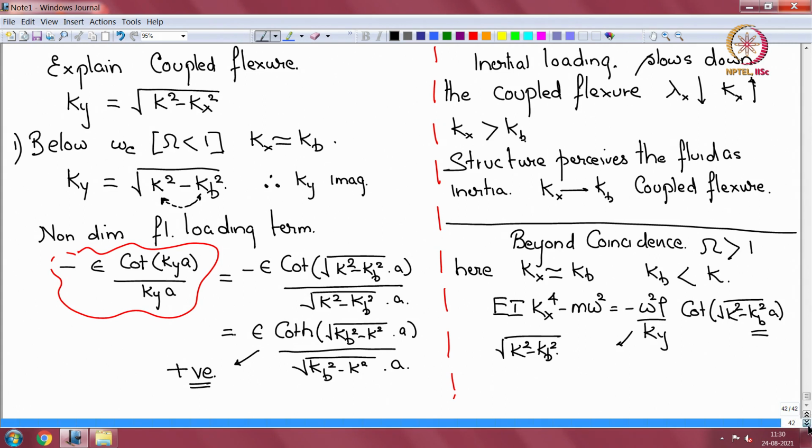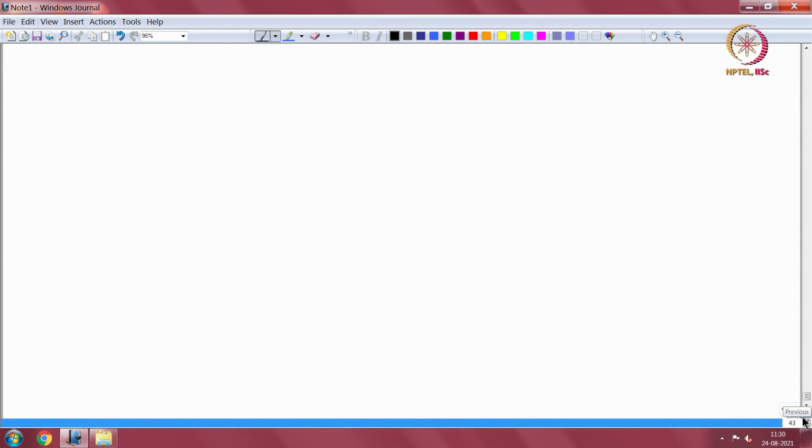The cot term will change signs. So how does it do that? For 0 less than ky a less than pi by 2, the correction, the fluid loading term along with the sign is negative.